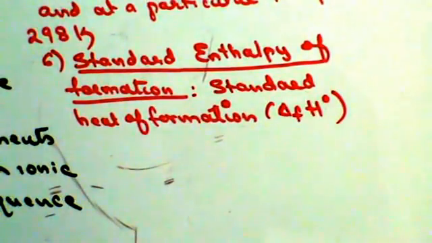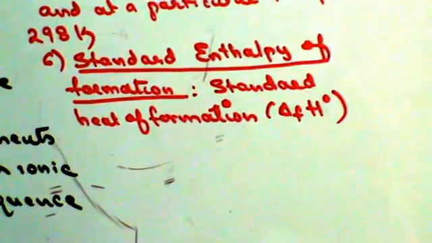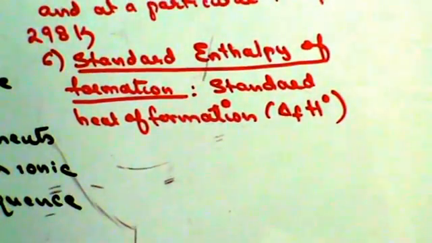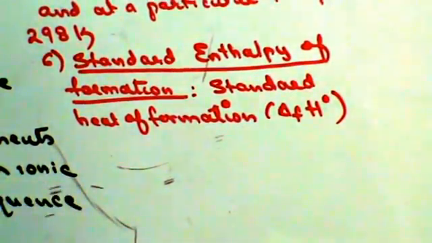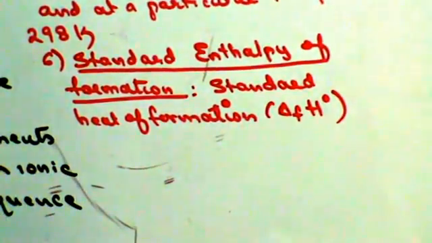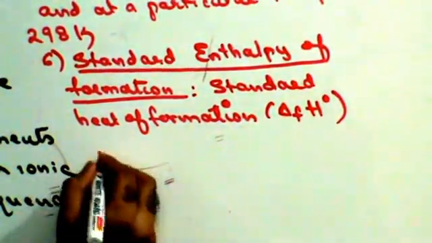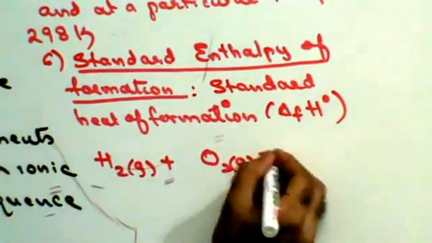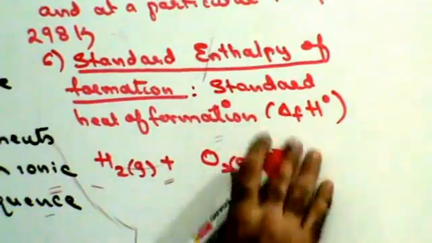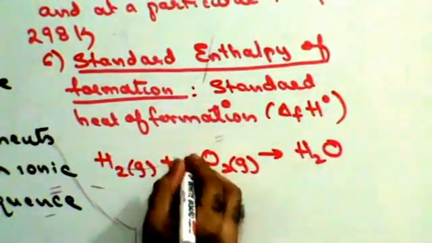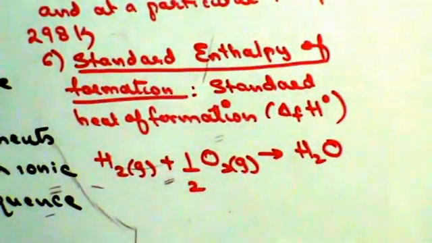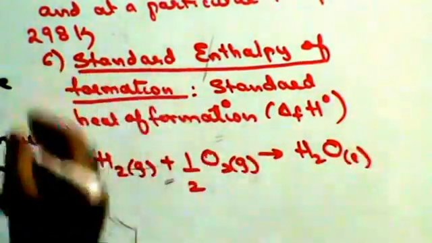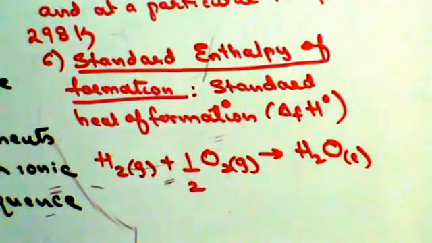Suppose I have two substances and they combine together to form one molecule. Let's assume I have 1 mole of a pure compound which is formed from its constituent elements. For example, if I take hydrogen gas and oxygen gas to form a water molecule, I would need half a mole of oxygen gas. Then the heat change that would accompany this would be called heat of formation.